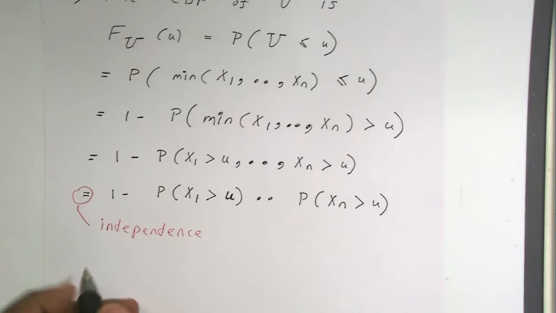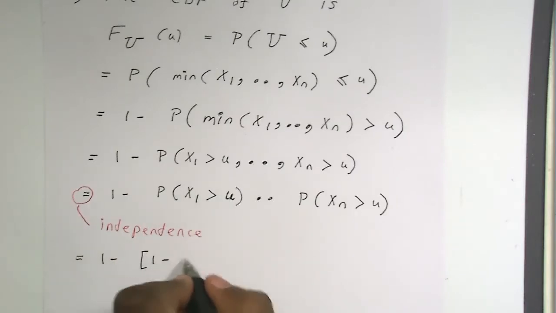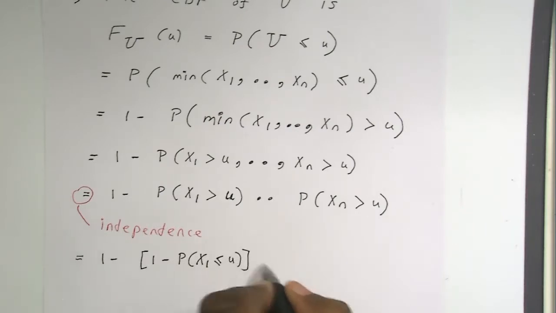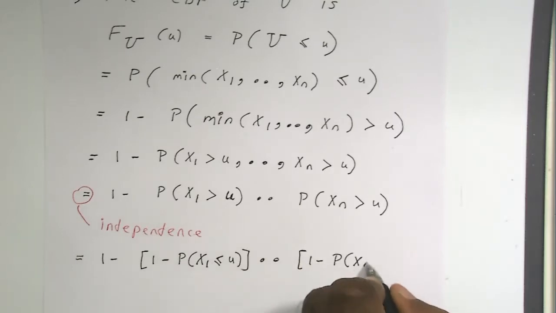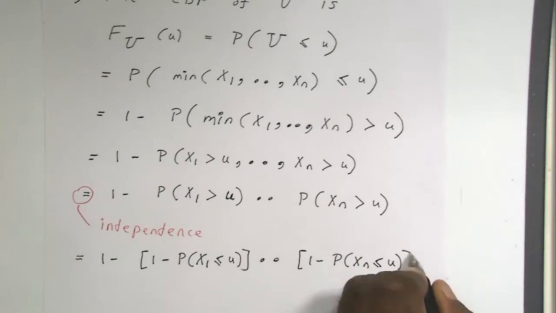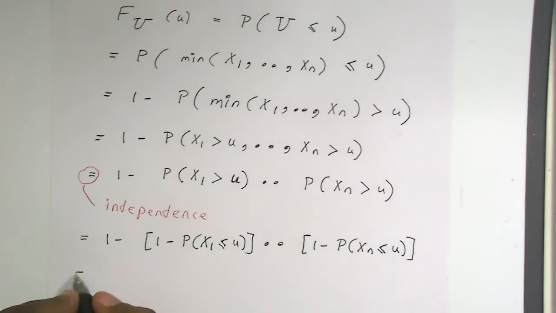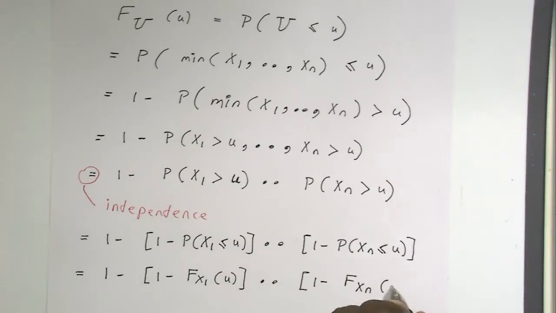Now, this would become 1 minus the probability that x1 okay, and this you can write as 1 minus F x1 at u up to 1 minus F xn at u, right?